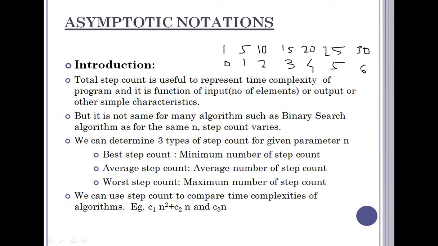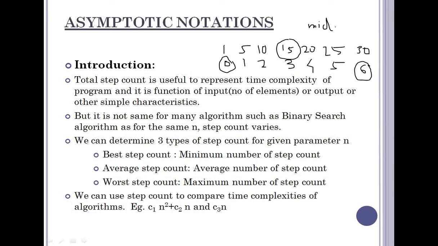Suppose that I want to find the 15. In binary search, low is the starting index and end is the ending index. So mid is (low plus end) divided by 2. The mid is over here.